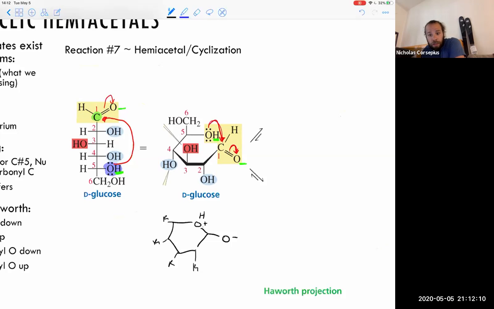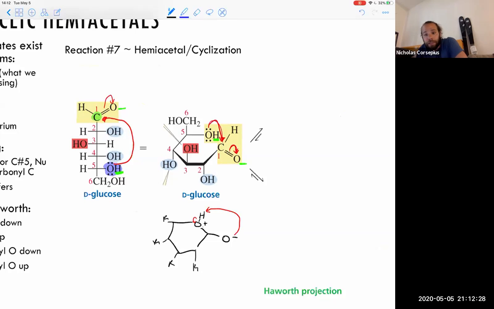So notice that these closed rings have oxygen as one of the members of the ring. And so the last step would have to be this guy reaches over and grabs that, and this pair of electrons comes down, which I didn't explicitly draw.